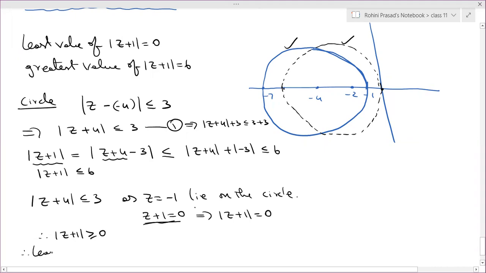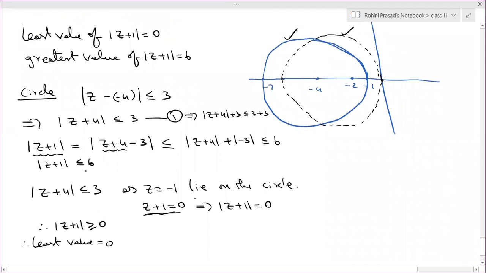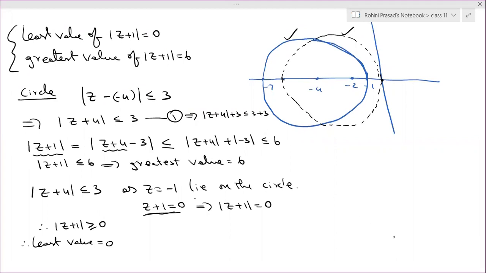Therefore, the least value equals 0 and the greatest value equals 6. So this is from the diagram, and this is from solving the inequalities. We can get the least value and the greatest value.